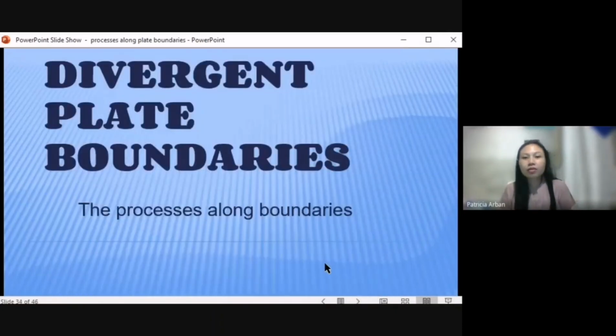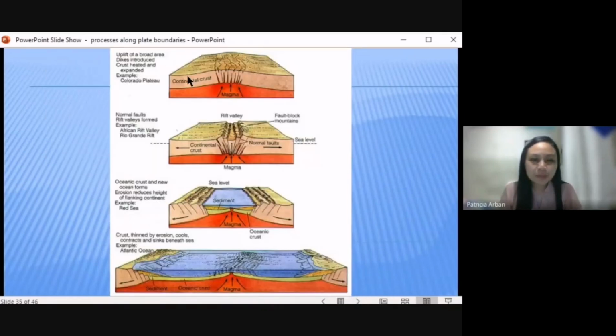divergent plate boundary. So, again, the movement of divergent plate boundary is moving apart or splitting apart. Moving apart. Naghihiwalay. Naghihiwalay. Okay? So, ayan. We have here the process of the separation of these plates.